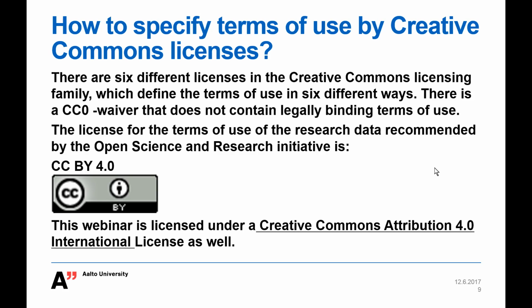Altogether, lawyers from 70 jurisdictions were involved in drafting and commenting this license family, including Finland. Aalto University is the affiliate organization of Creative Commons in Finland. Usually they are all universities in different countries, and Creative Commons licenses were created at Stanford University in the United States.